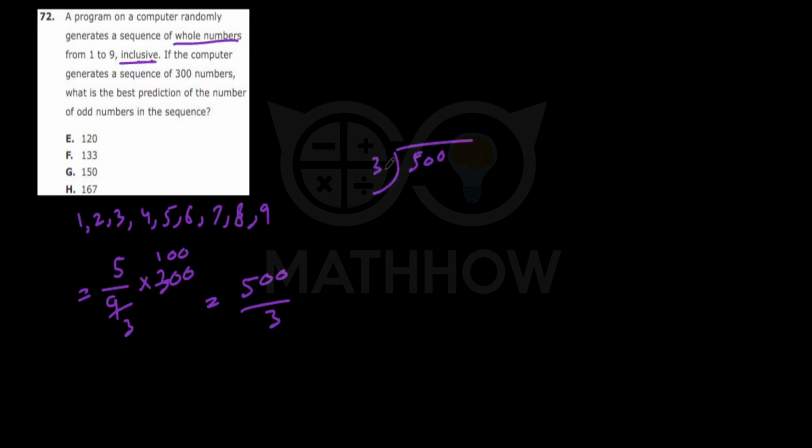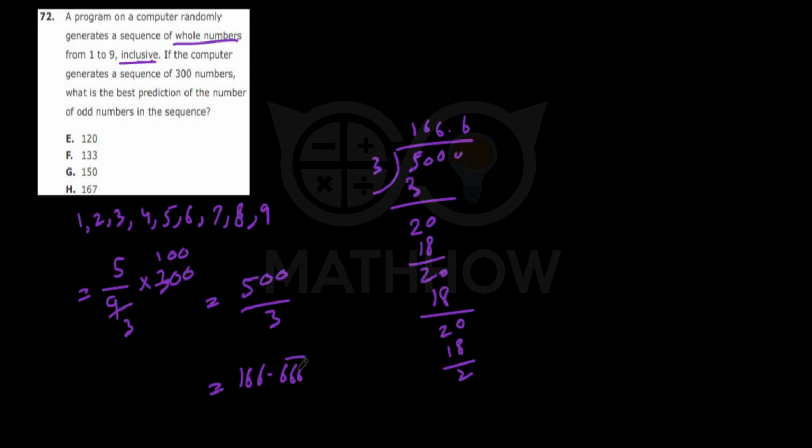Dividing 500 by 3 in long division, as you can see, this is a non-terminating and recurring decimal equal to 166.66, with the 6 repeated.